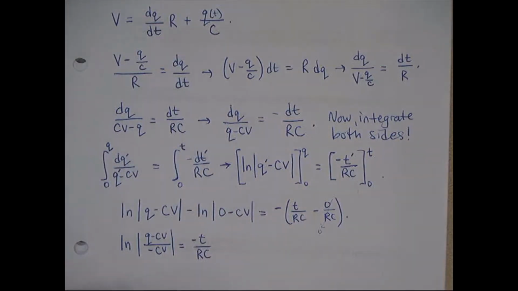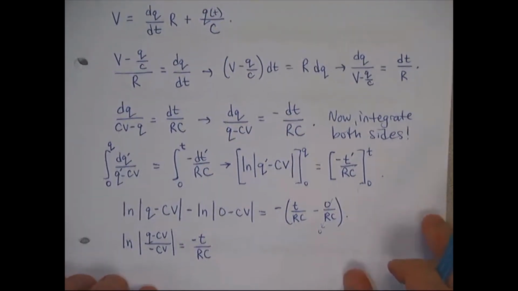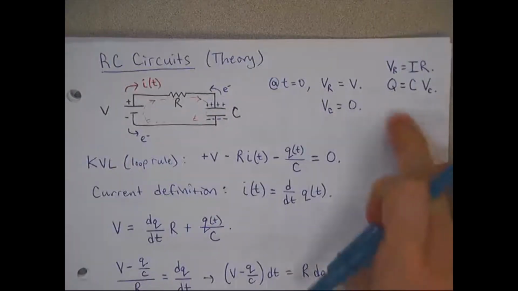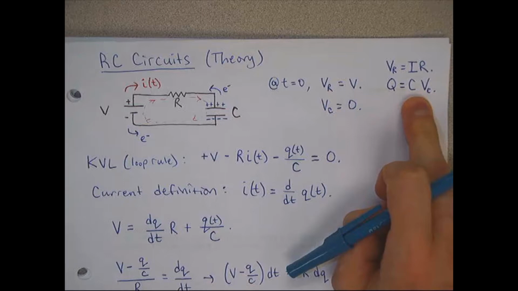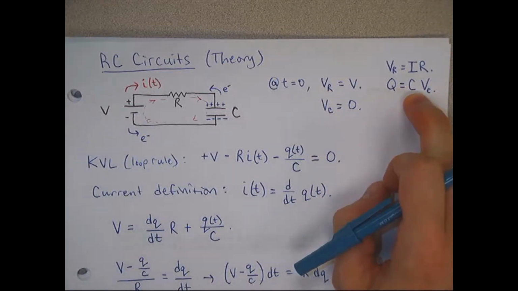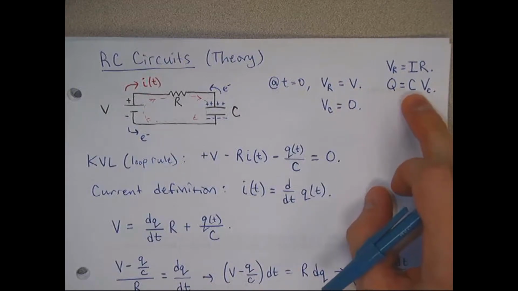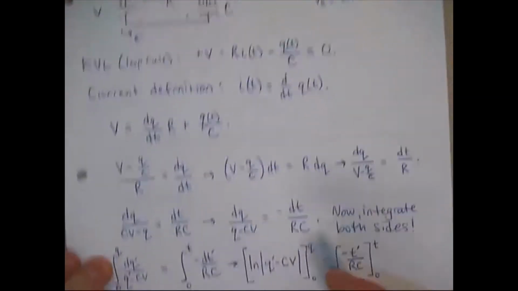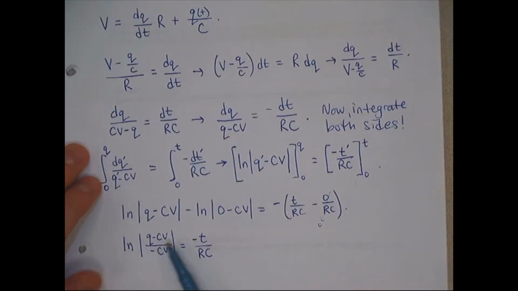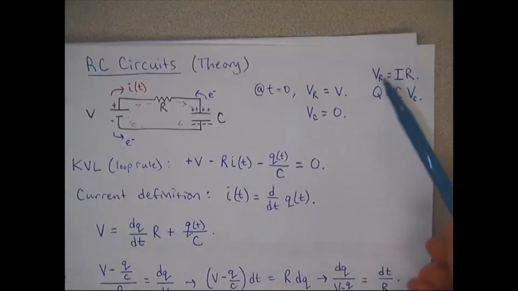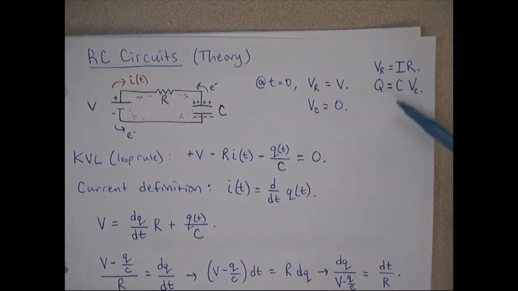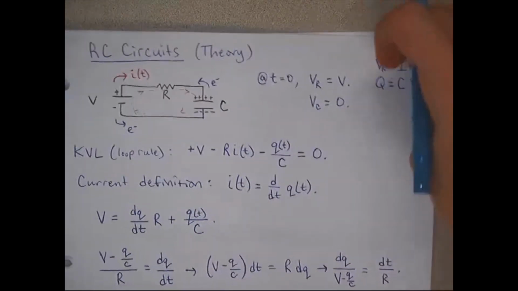Well, at any time t, if this is your fully charged capacitor, CV, right, we used the battery voltage in this derivation, so CV represents the amount of charge when the capacitor is fully charged, C times the battery voltage V.